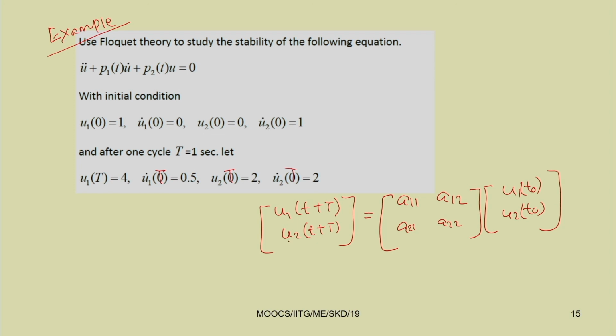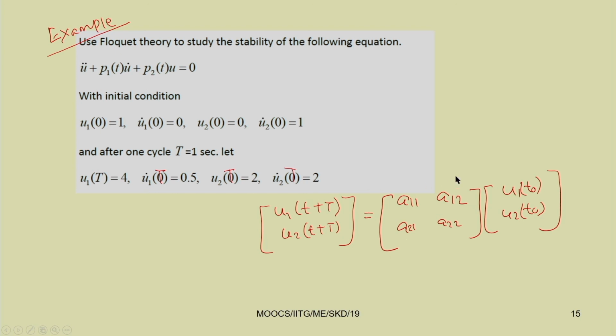By differentiating these equations we can also write down the equation again, and from that we can find a11, a12, a21, a22, and the Floquet multipliers gamma 1, gamma 2.